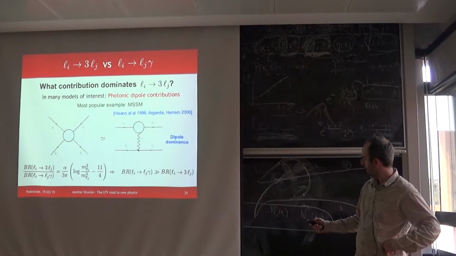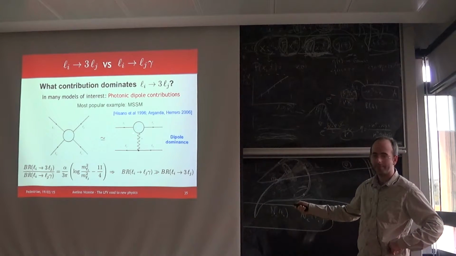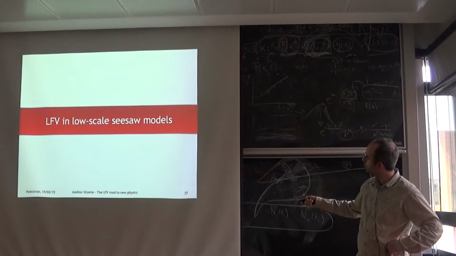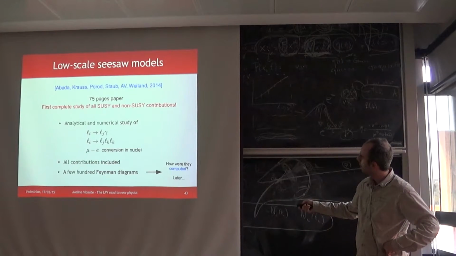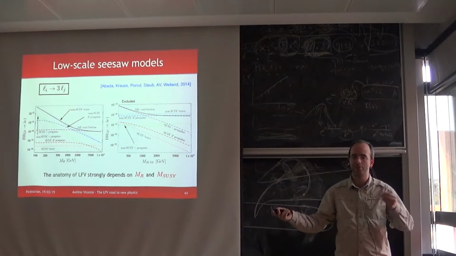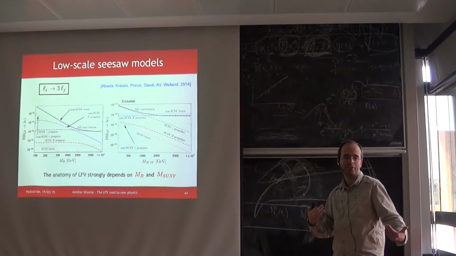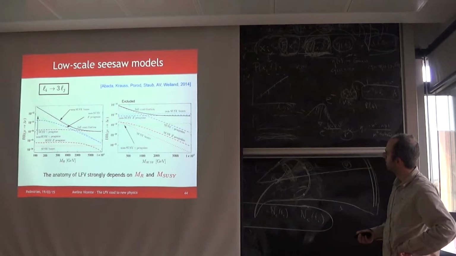You expect exactly this, because this is the photon penguin, there's nothing else. So by doing this type of studies, you can see how the result will look like in different regions of parameter space, and you are able to see whether you can depart from the usual expectations in some cases.